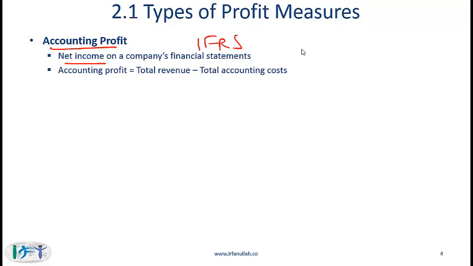In the United States, the income statement will be created based on US GAAP. These are accounting standards which define how we come up with the revenue number. They define how we come up with different cost numbers and so on. The basic formula though is accounting profit is equal to total revenue minus total accounting costs.